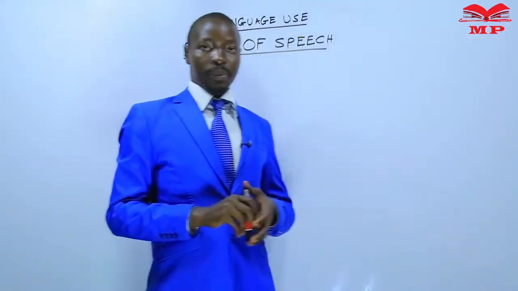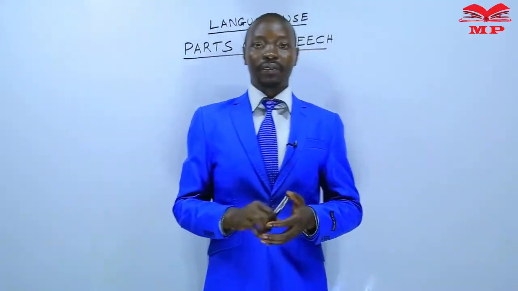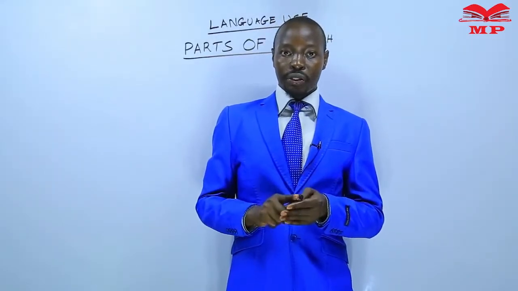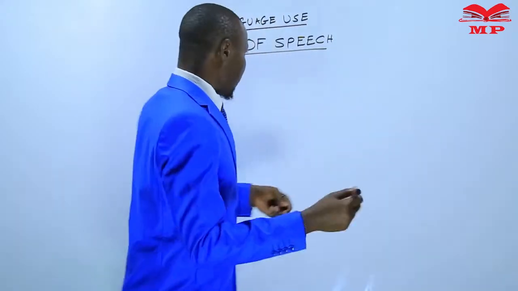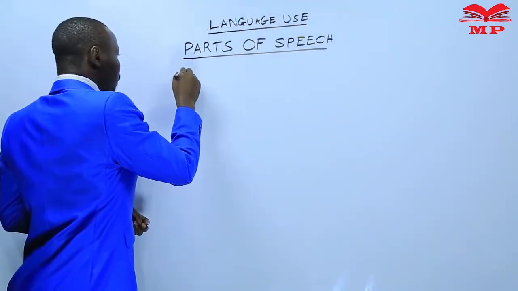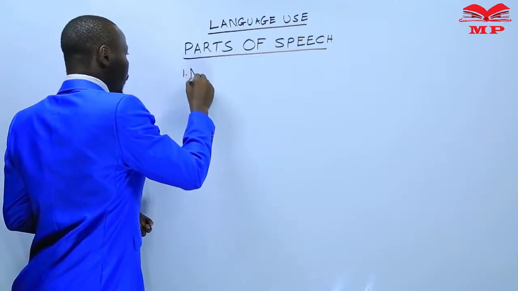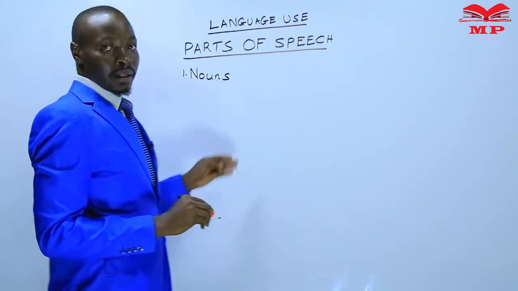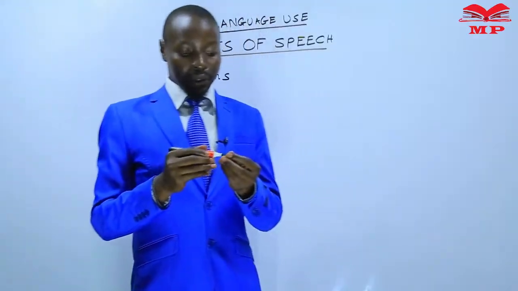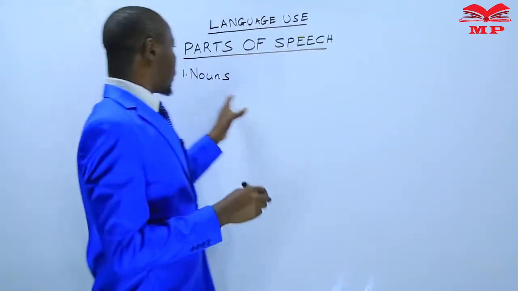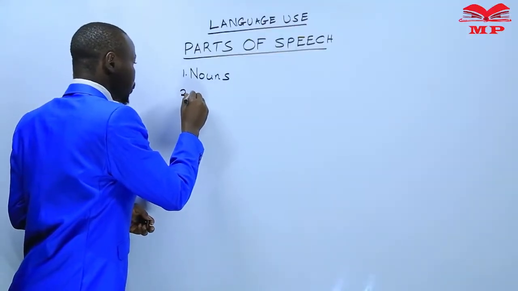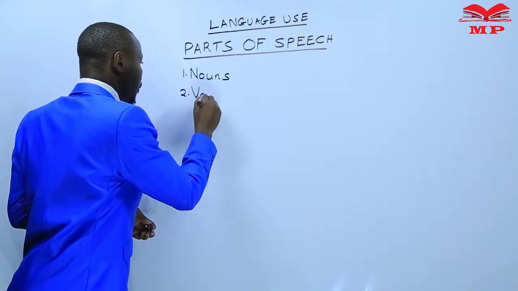And under parts of speech, as you had been taught in your previous classes, we have 8 parts of speech. And the first one, which is commonly known by most of us, the first type of a part of speech are the nouns. So we'll first of all list all of them and then continue with our lesson. So after nouns, we'll move to the second one, which is the verb.